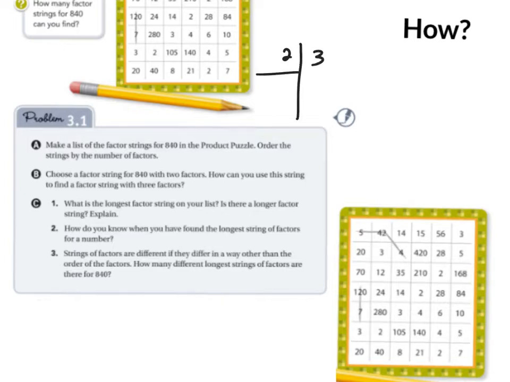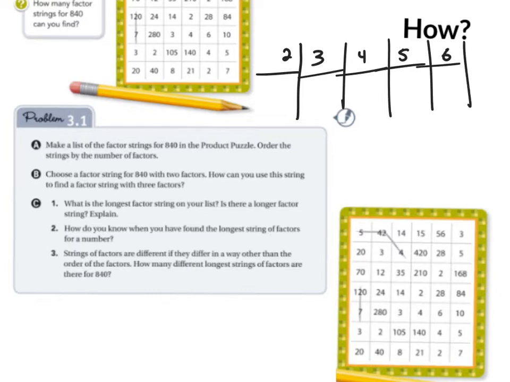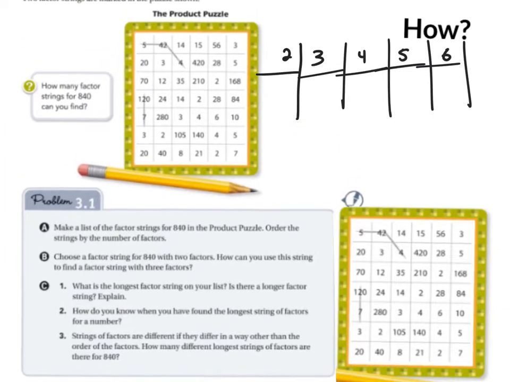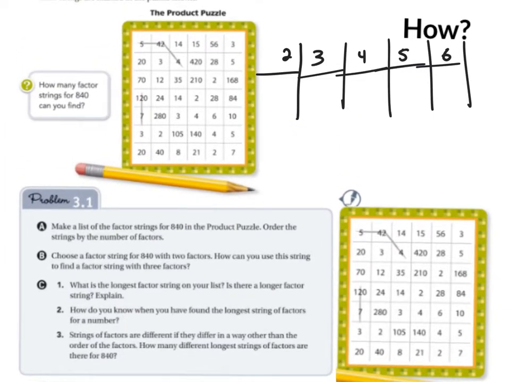We may have strings where there are 3 factors, 4 factors, 5 factors, maybe even 6 factors. One of the ways to find 840, they have one here as an example for you. You might go 5 times 42 times 4. So that would be an example of one with 3.